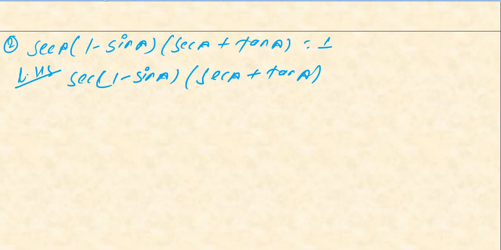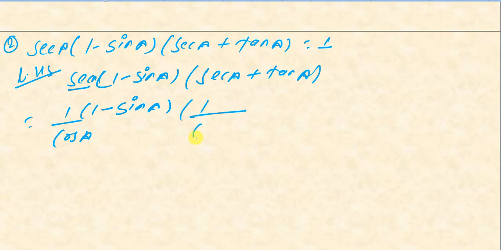We know that sec A is equal to 1 by cos A, is our formula. Sec A is equal to 1 upon cos A, and 1 minus sin A. Same, you can write 1 minus sin A. And for sec A plus tan A, use the formula: sec A is equal to 1 upon cos A, plus tan A is equal to sin A upon cos A. Just use the formula.